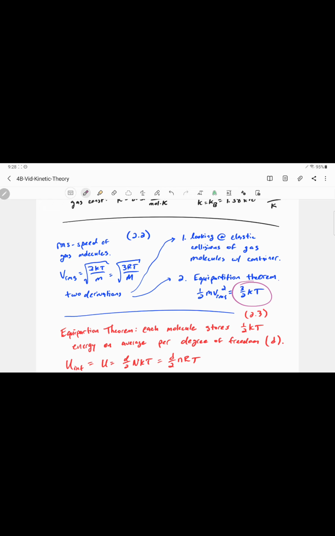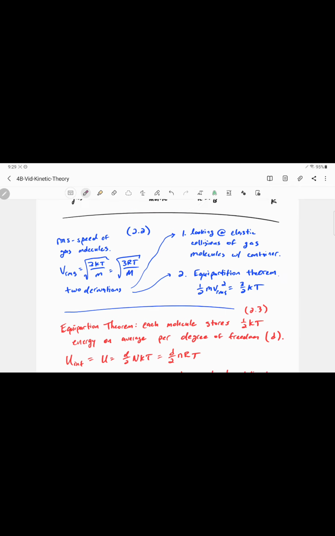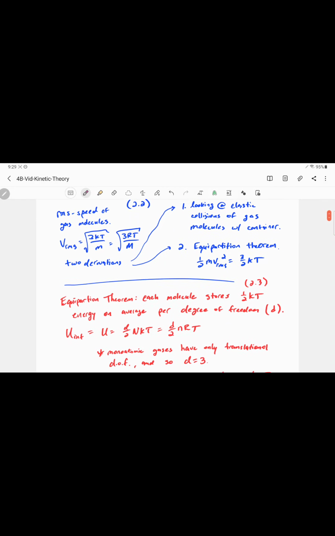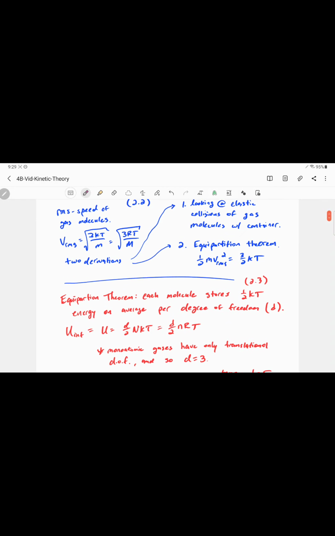So on average, it has this much energy stored in the translational kinetic energy of the molecule moving around. You can set up this equation right away, and quickly rearrange it to solve for v_RMS, and you get this thing, which, if you look at this derivation, takes a lot more time and effort to do. So the equipartition theorem is actually a really powerful tool that helps us prove a lot of things very quickly.